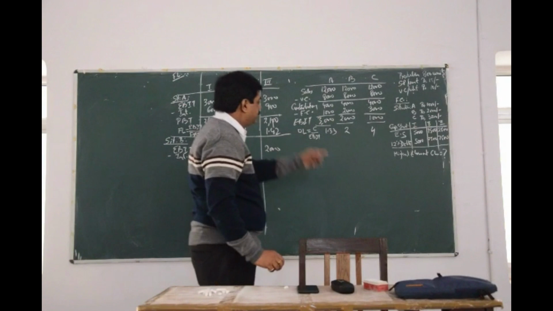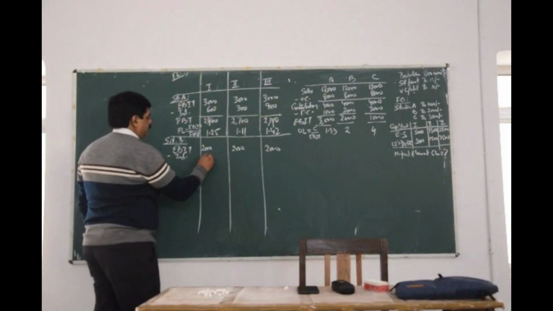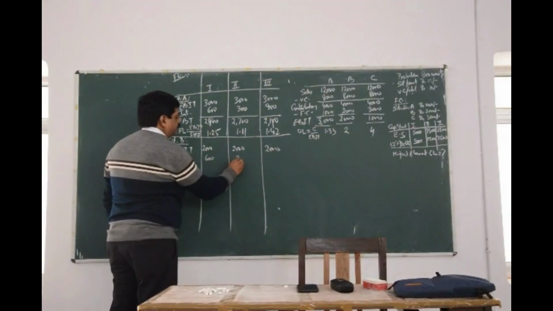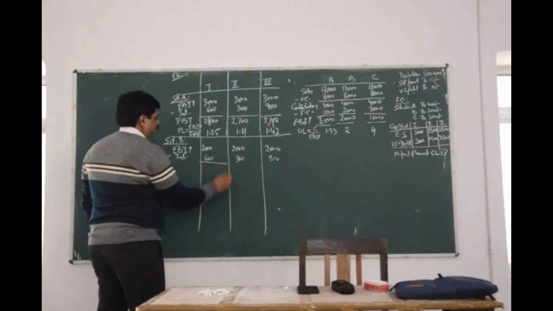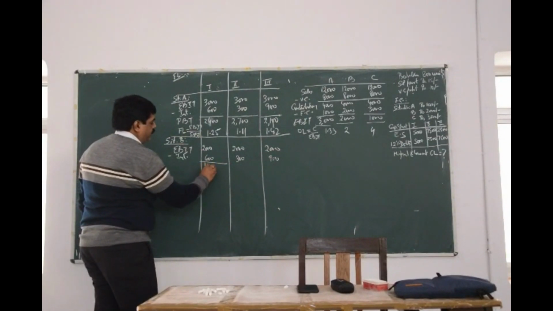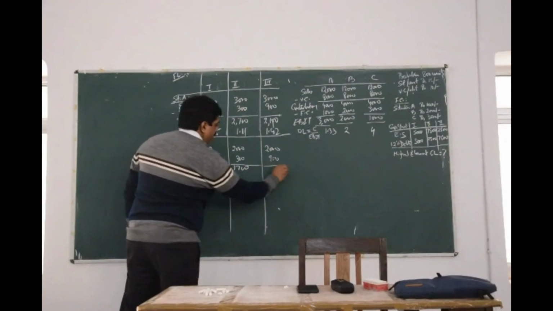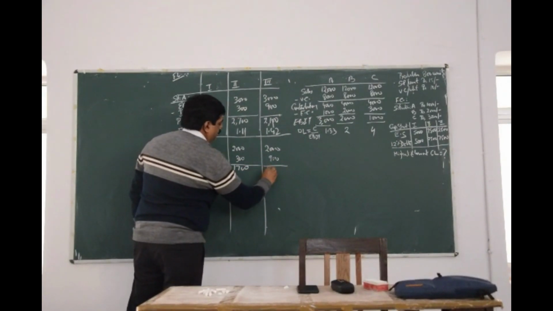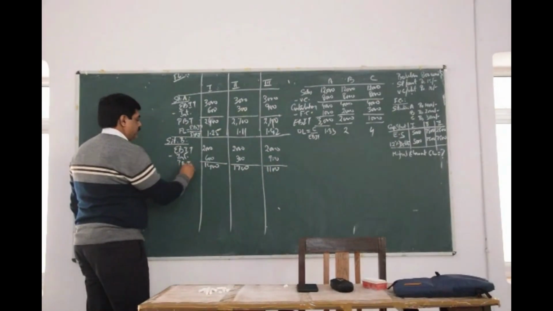Interest will be same, that is 600, 300 and 900. So 1,400, 1,700 and 1,100. This will be your PBT.